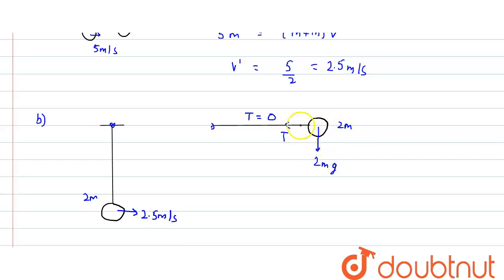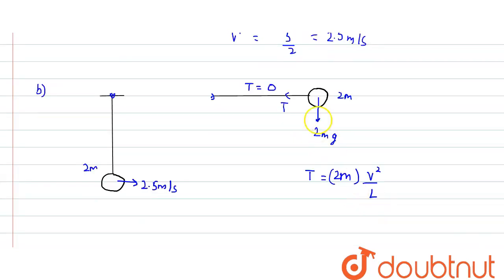Towards the center, if we apply force balance, T would be equal to 2m v square divided by L. The centripetal force would be due to the tension, but the tension value is 0. Then if T is equal to 0, the velocity at the highest point would be equal to 0.